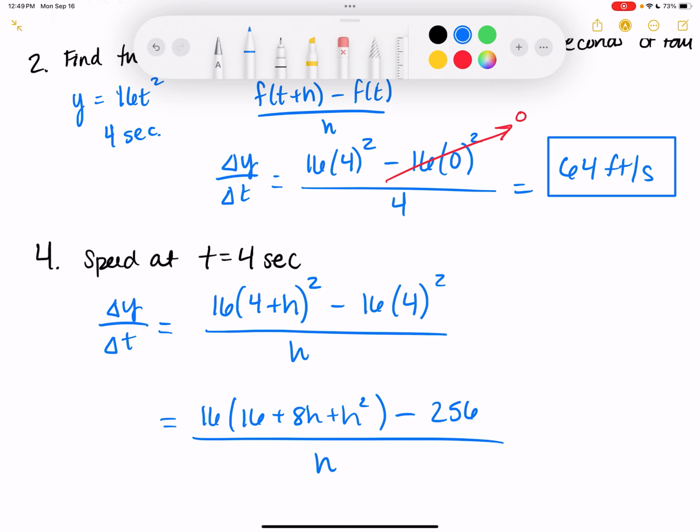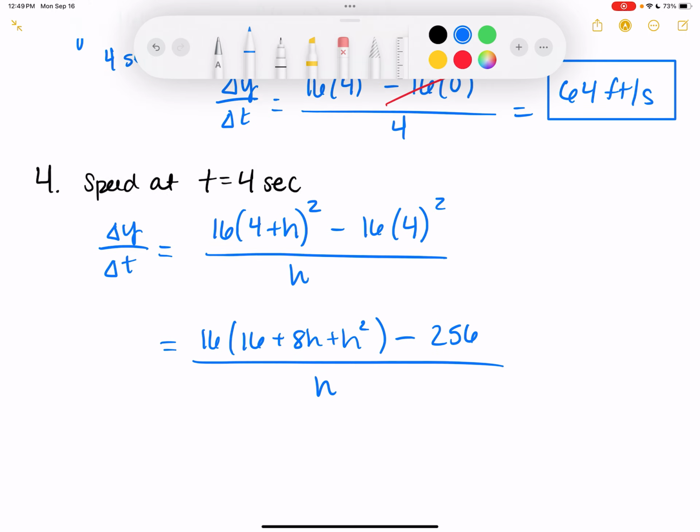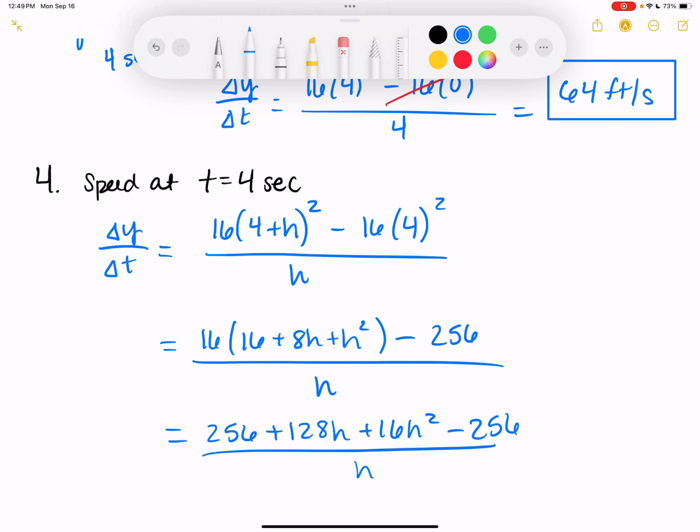All right, so then distribute: 256 plus 128h plus 16h squared minus 256, divided by h. 256's cancel. Love that.